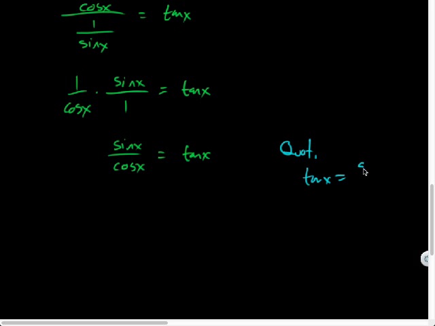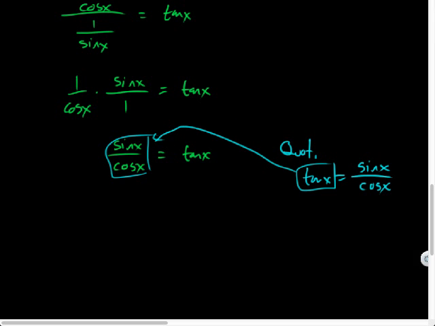Which says pretty much exactly what I have right there. And just to point out, I technically could replace the right-hand side with this, or I could replace the left-hand side with this. So I technically have some options here. And I get tan x equals tan x. What do you know?